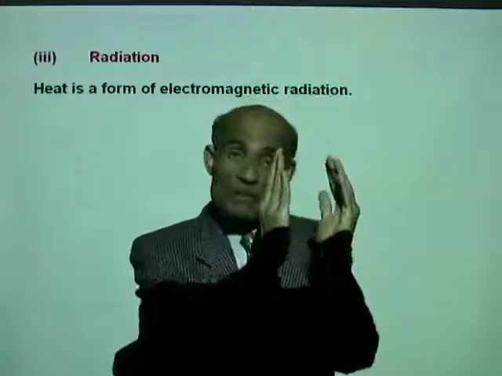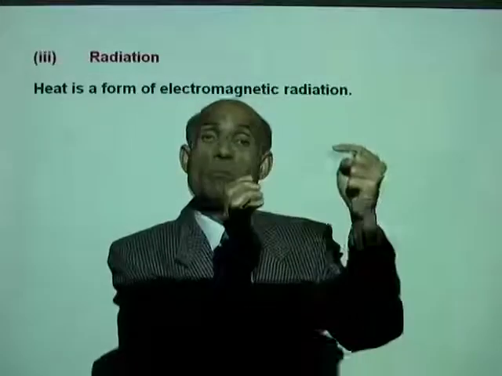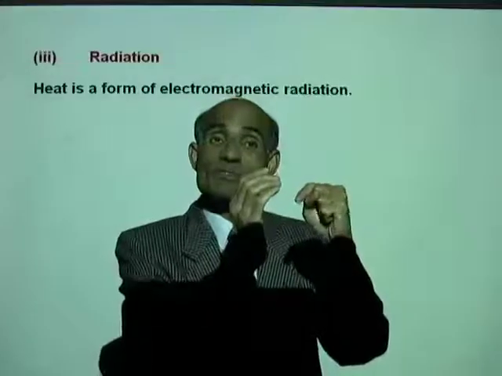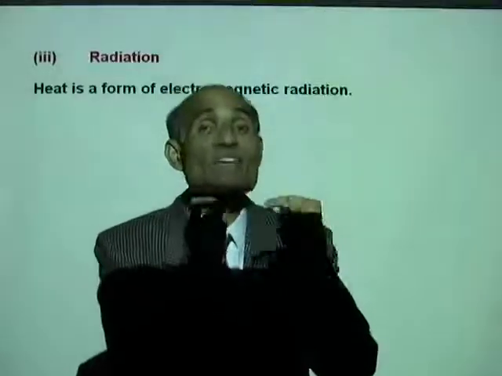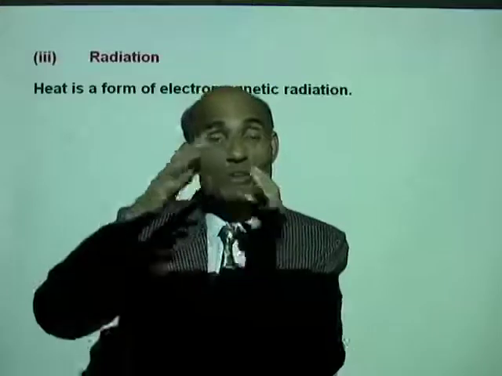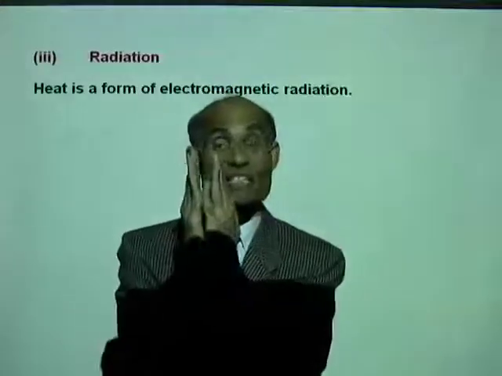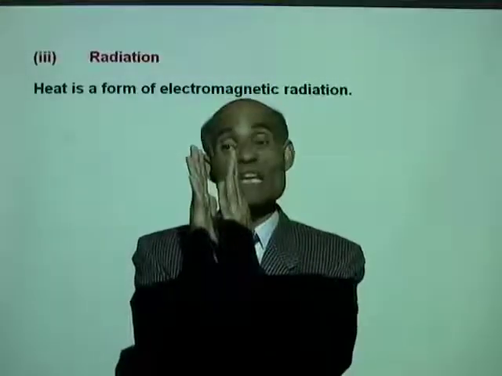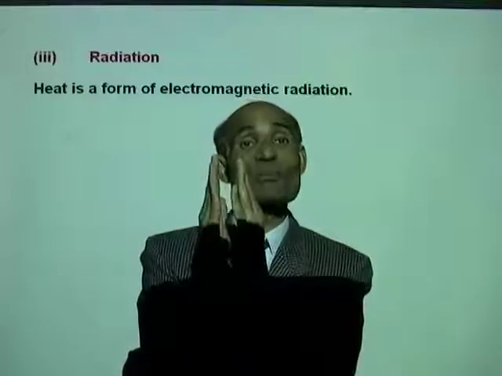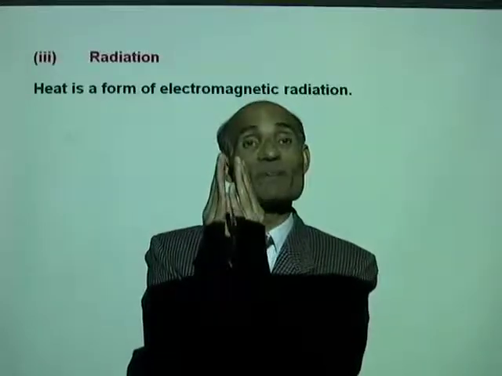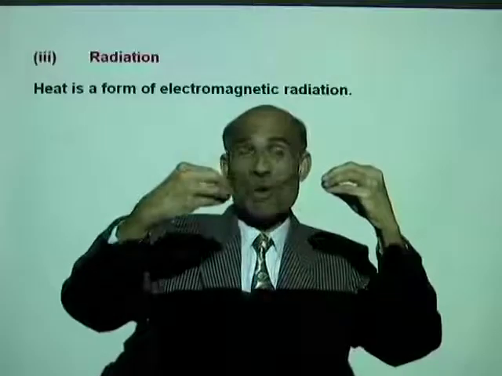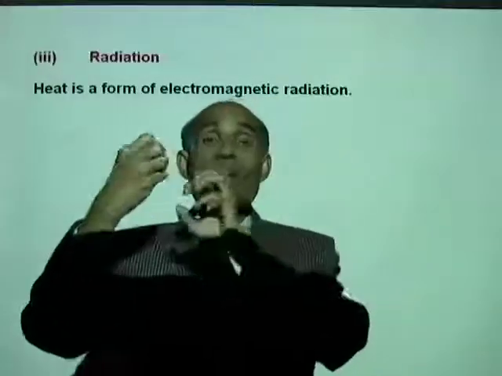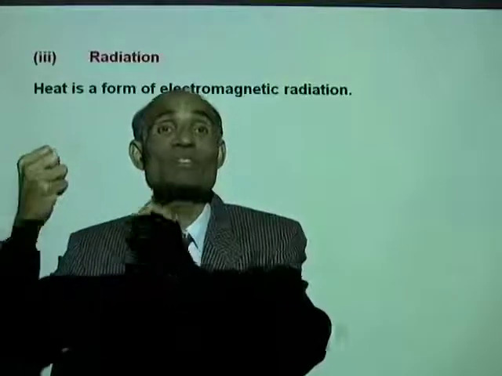As the waves get shorter, you get microwaves, you get infrared. Infrared are heat rays. You get the visible light. You see, the light that makes us see things is a part of the electromagnetic radiation. And as the wavelengths get smaller and smaller, the energy of radiation increases.